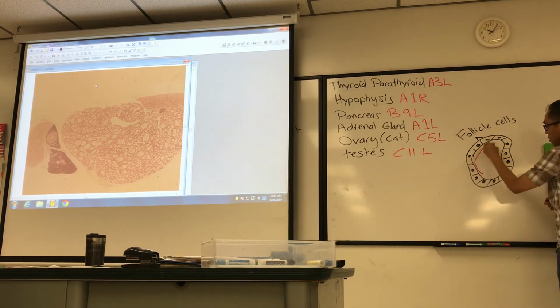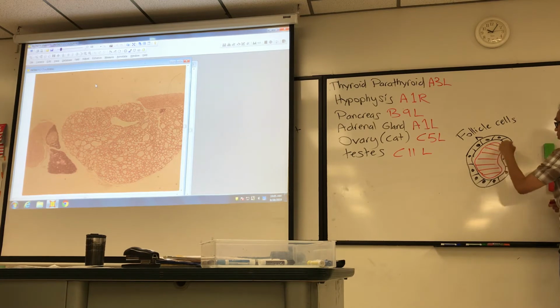I'll color it red. It's a red gelatinous mass. We call that red mass colloid. Colloid is, think of it as inactive thyroid hormone. Okay, in histology we call it colloid. So that's kind of the general structure.